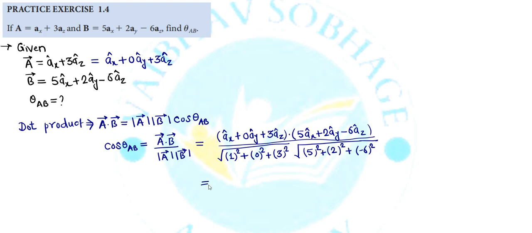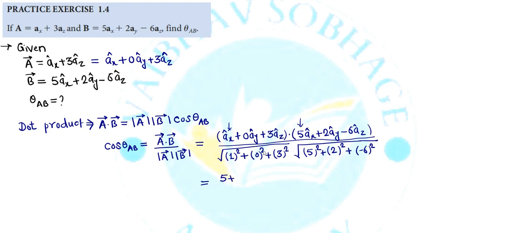Now go with the component by component multiplication of these two vectors, vector A and vector B. Multiply the component Ax with the component of x over here. That is 1 into 5, so we have 5.